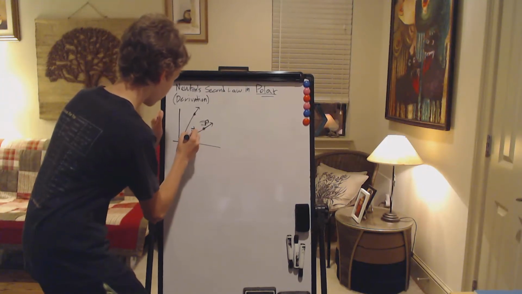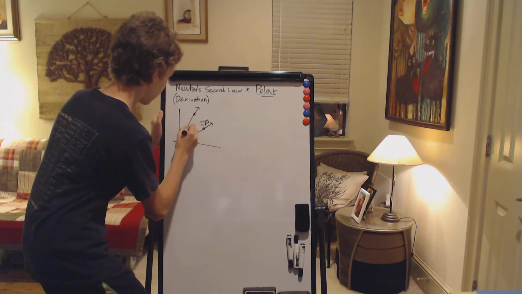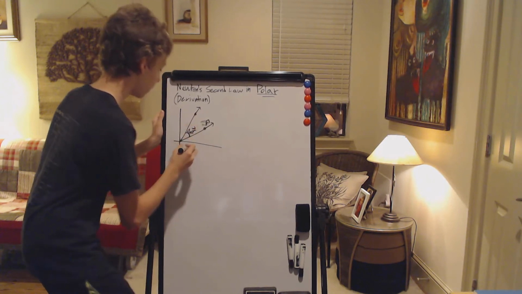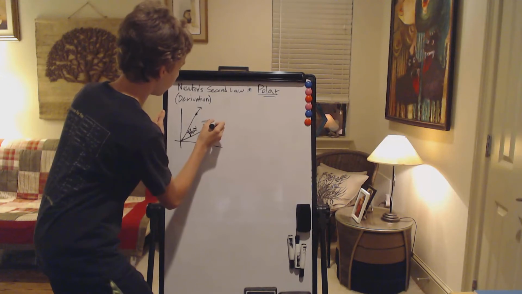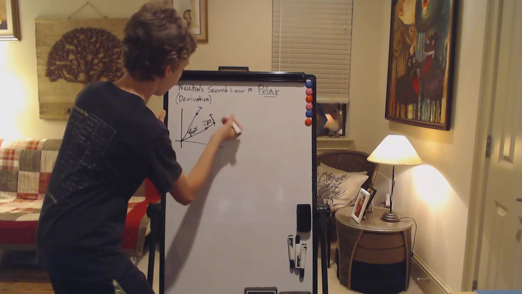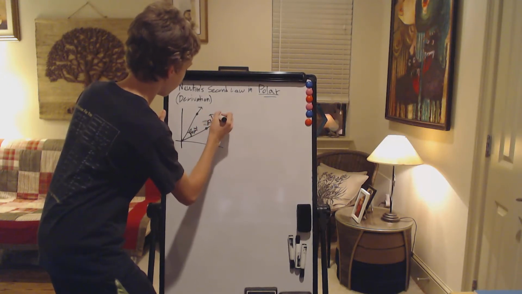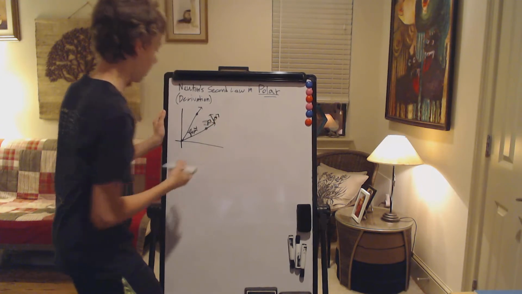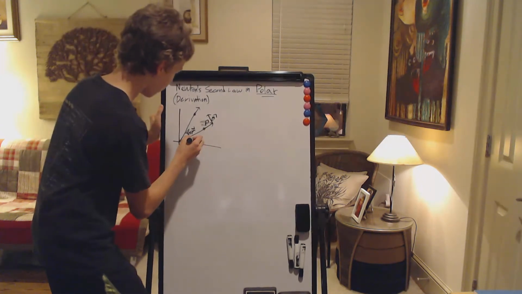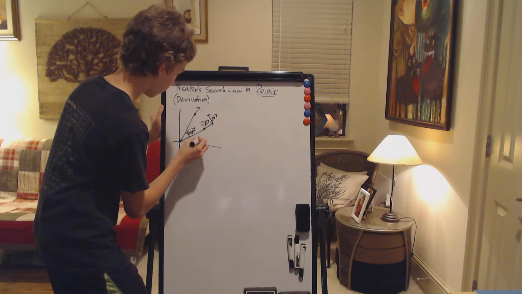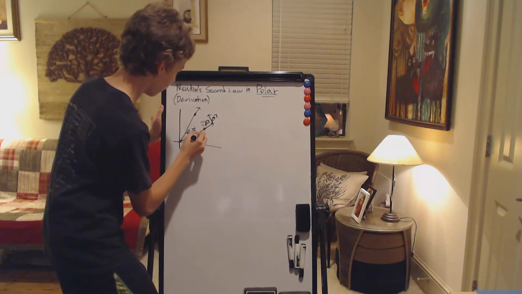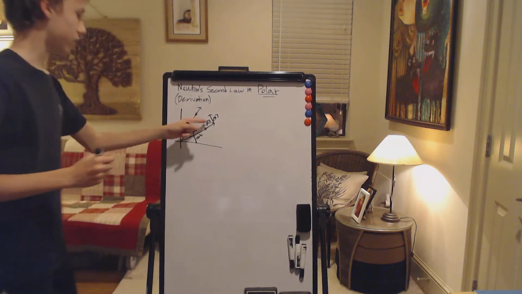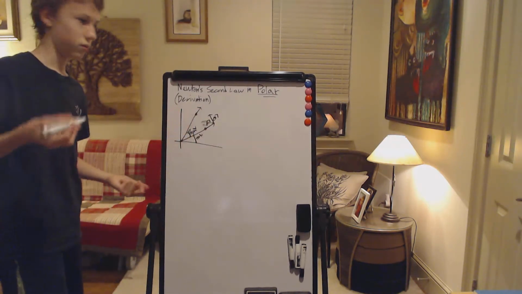And actually this will be just delta theta. And then we'll define theta hat to be this thing here. Okay, theta hat. Essentially this is going to be the theta vector, and this is theta with unit length 1.